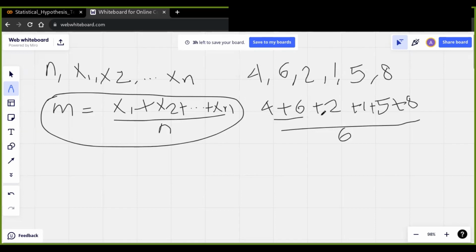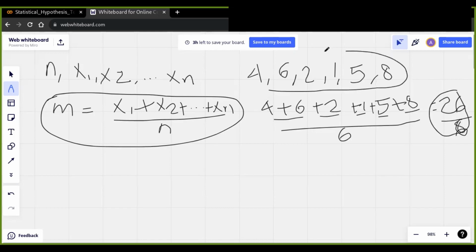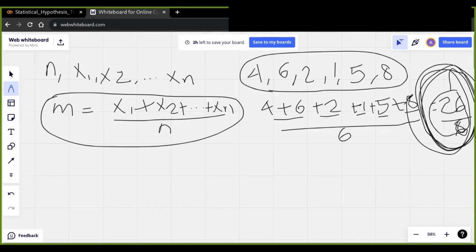So this is 10 plus 2, 12 plus 1, 13 plus 5, 18 plus 8, 26 divided by 6. So this is the central tendency of your data set, or the mean of your data set. The mean represents the sum of the data points divided by the total number of data points in your data set.